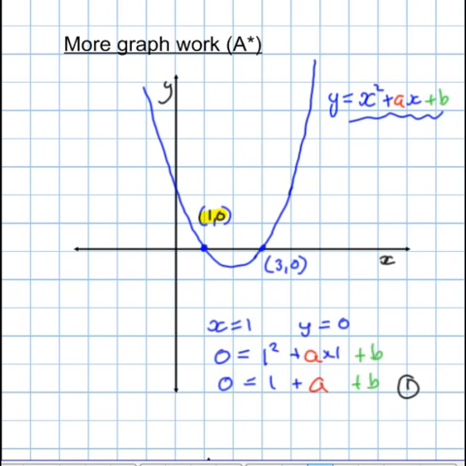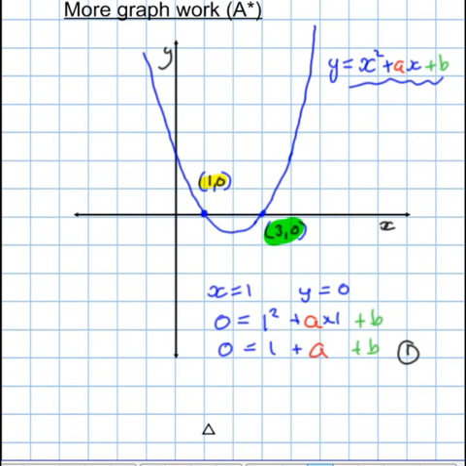But I've got another point here, haven't I? That when x is 3, y is 0.